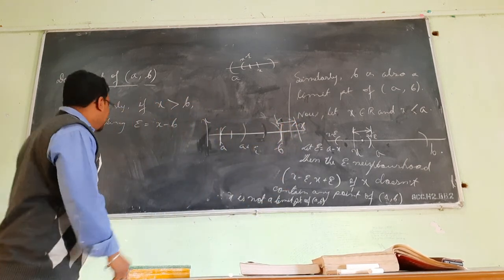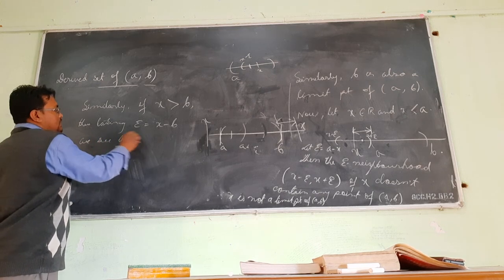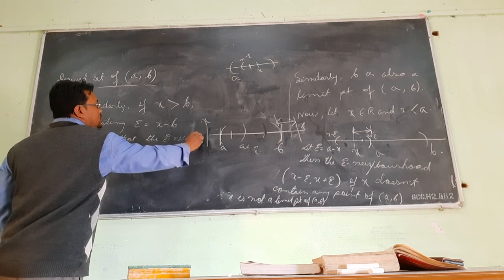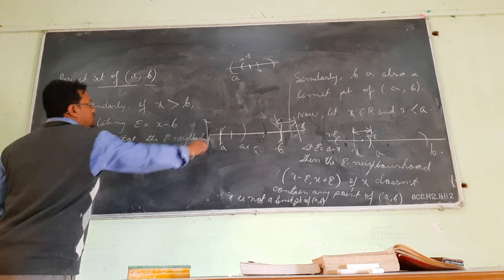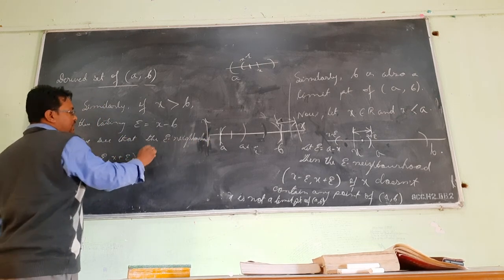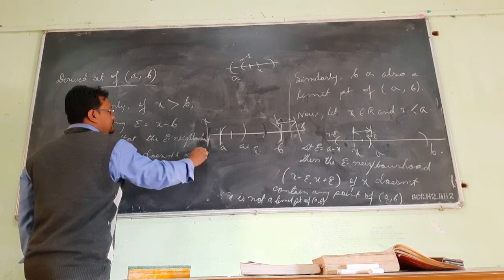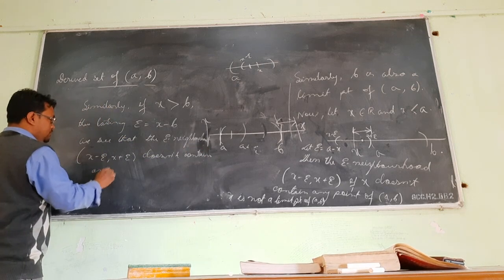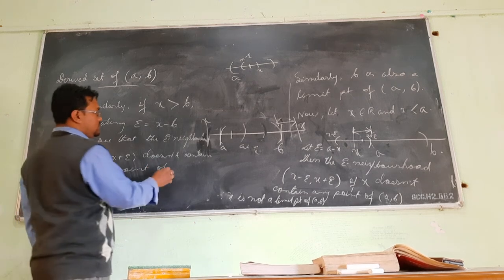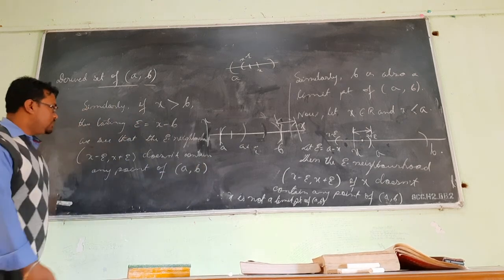Taking epsilon equal to x minus b, we see that the epsilon neighborhood x minus epsilon to x plus epsilon doesn't contain any point of AB.